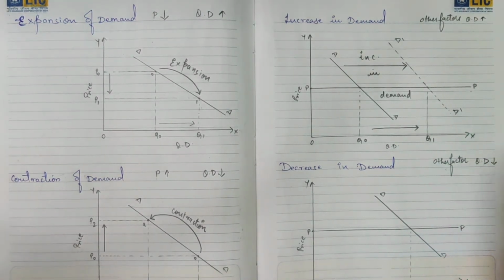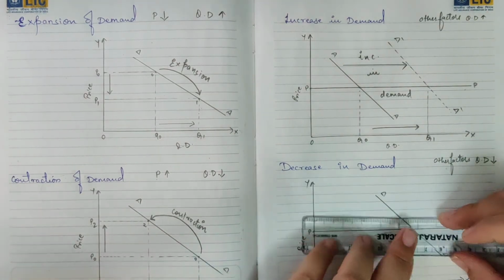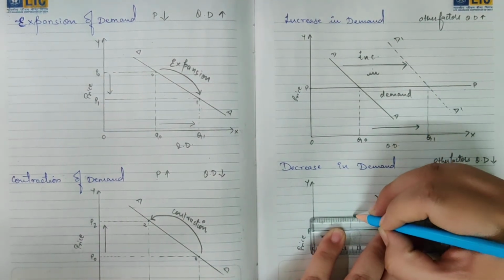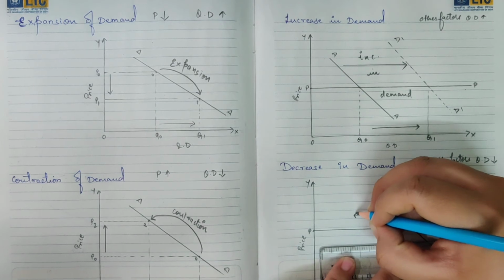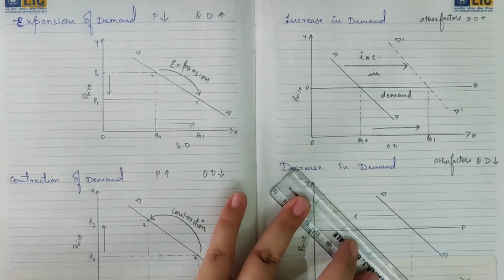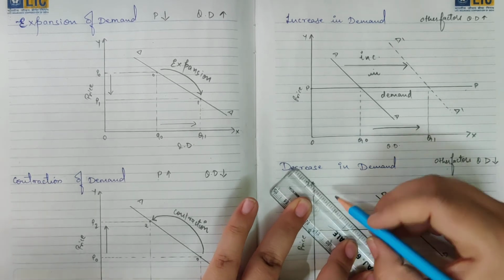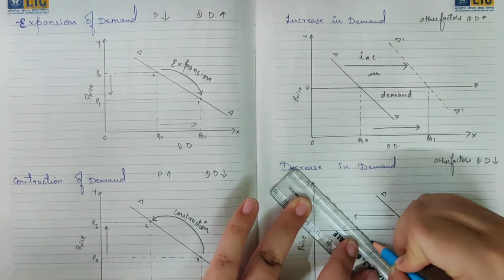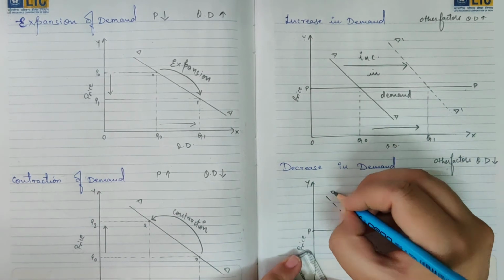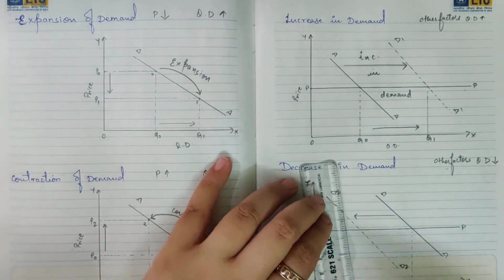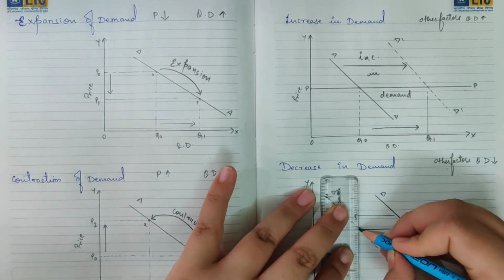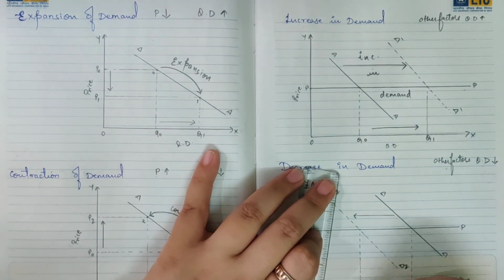Now due to the change in other factors, say income of the consumers falls, or he develops unfavorable taste, or he is expecting a change in the price in near future, because of that the demand for this commodity falls. So that means there is a leftward shift, backward shift of the demand curve, and this is D2 D2, and here quantity demanded is Q2.